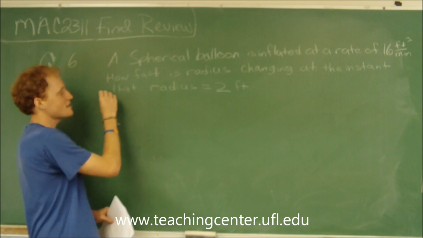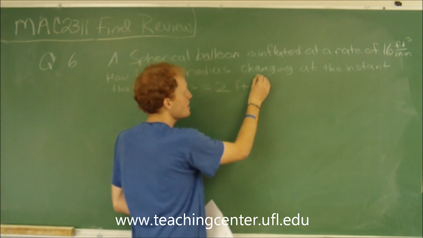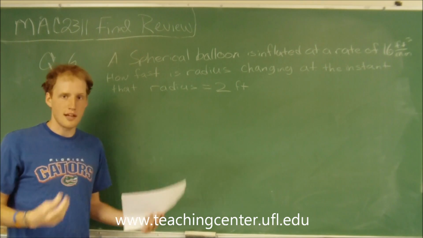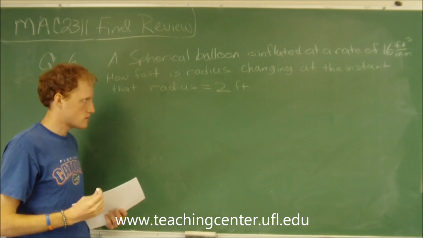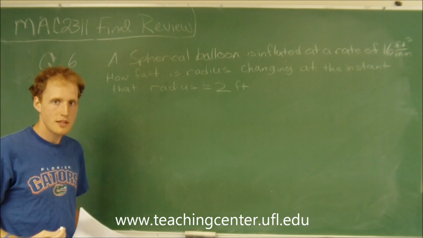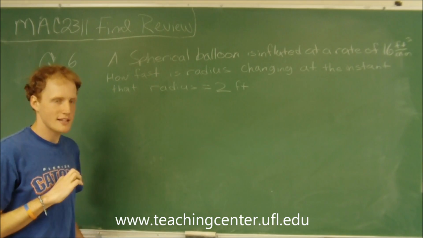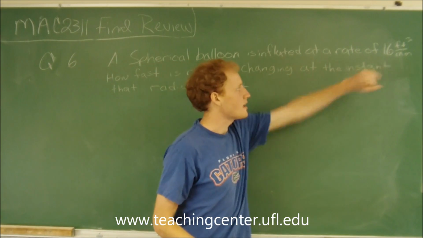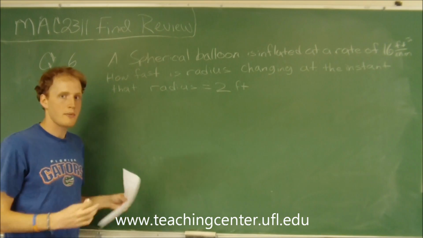Since it says how fast the radius is changing, that's a key that this is a related rates problem. In related rates problems, we want to first write down everything that is given. A spherical balloon is inflated at a rate of 16 feet cubed per minute.